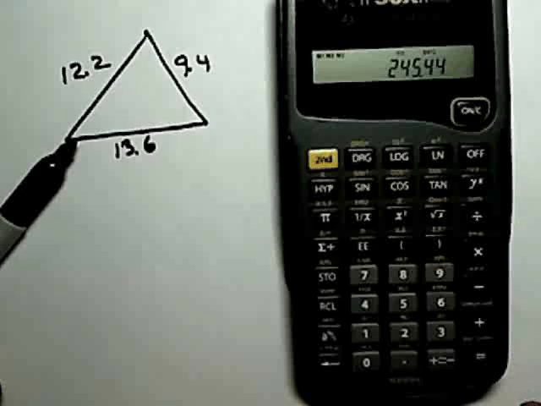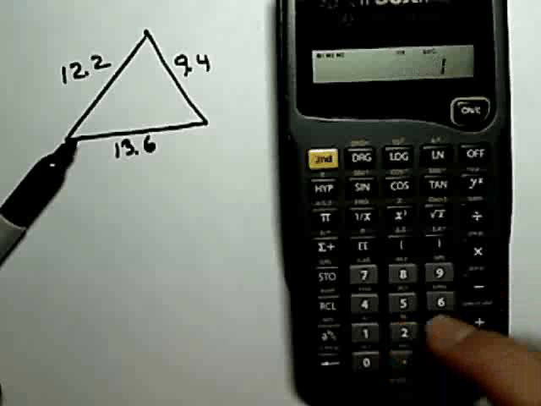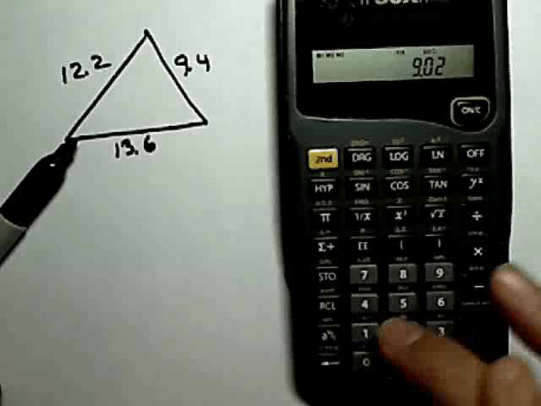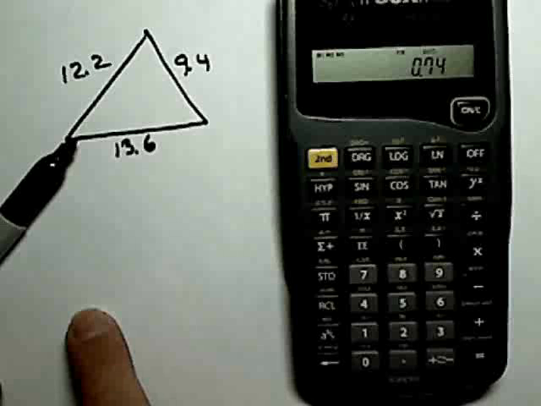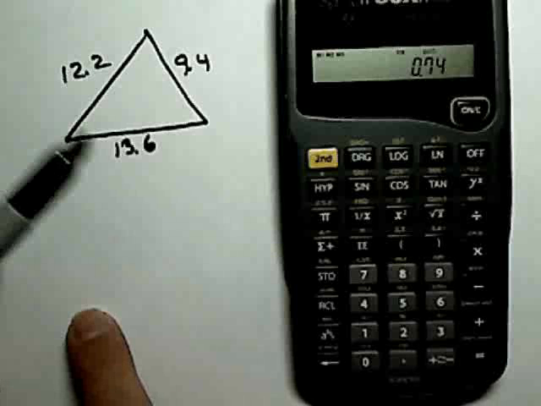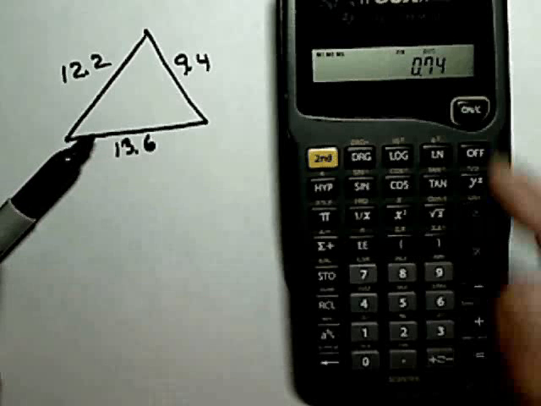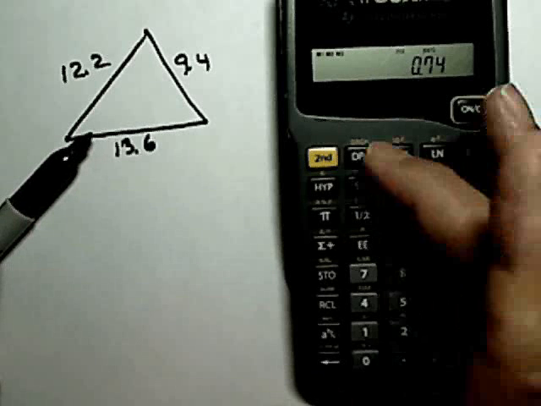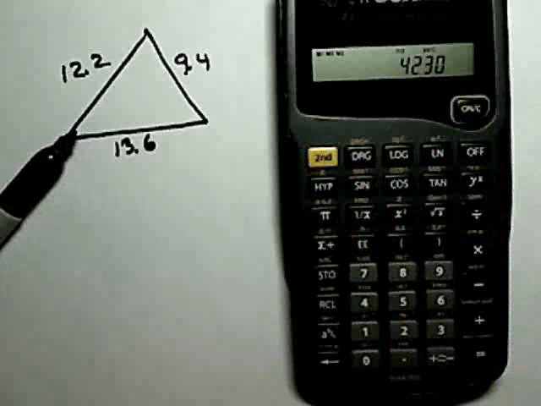And then I'm going to divide that by 2 equals, divide that by 13.6 equals, divide that by 12.2 equals. And now I get the cosine of this angle. And this will have to be a number between -1 and +1. Indeed it is. And so I take the inverse cosine of that, and that's actually this angle right here, 42.3.